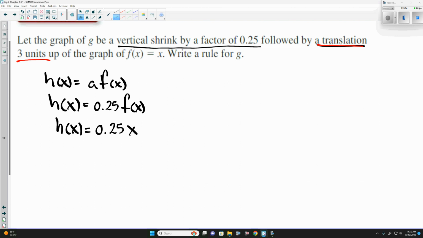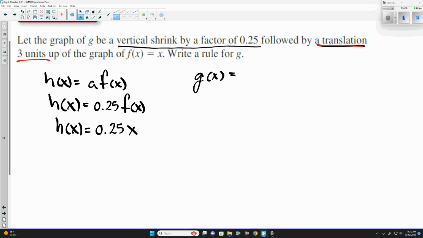Any question on how we apply the vertical shrink? What did it tell us to do next? 3 units up. And we want to call the final function g of x. I'm not going to be a nitpick on how we name it: g of x, h of x, z of x.